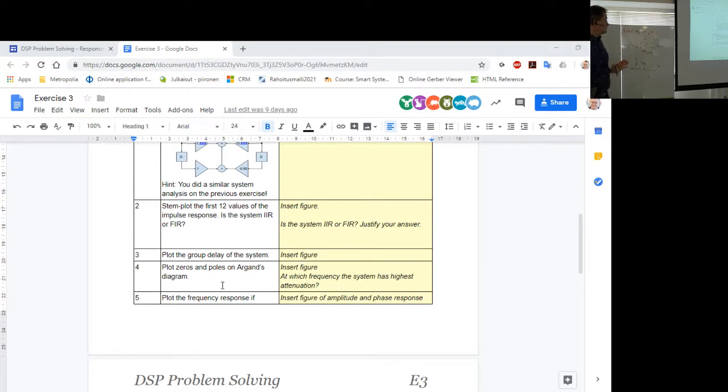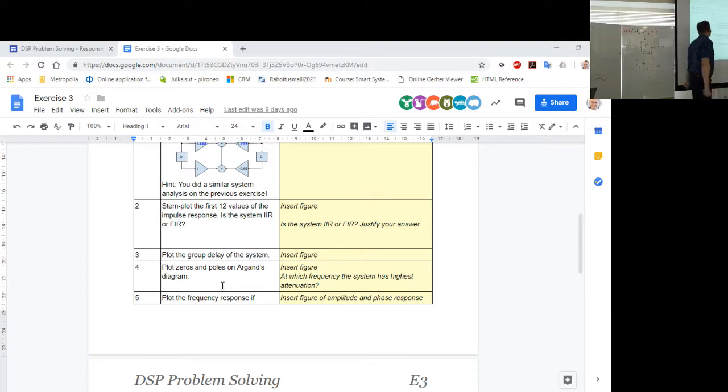Group delay. How to calculate the group delay? Oh no, derivative. Well, there's a function to calculate the group delay. I could have actually used a different order here, but anyways.